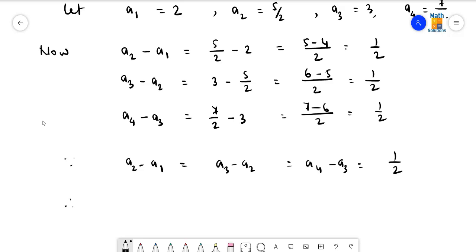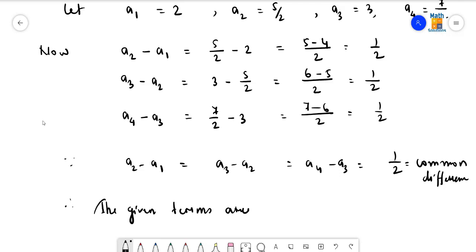Therefore the common difference is the same, and the given terms are in AP with D equal to half.